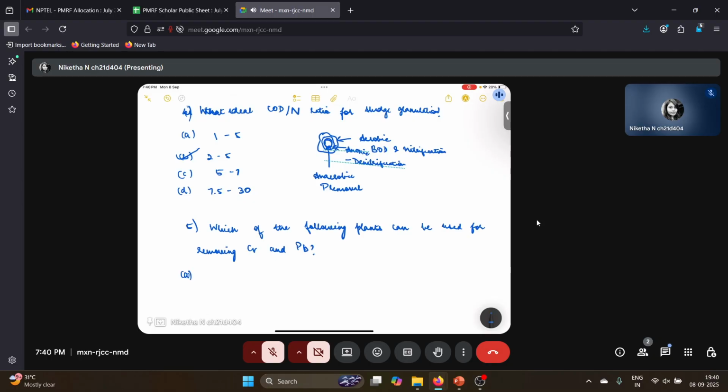The question is, which of the following plants can be used for removing chromium and lead?